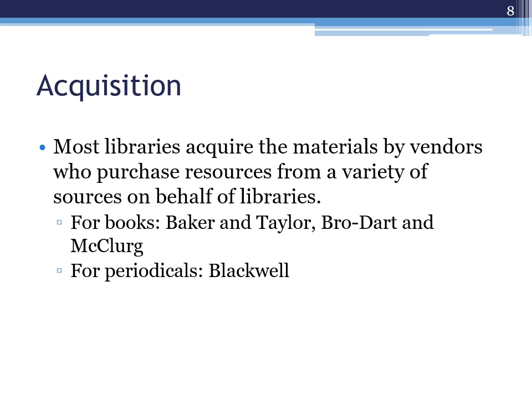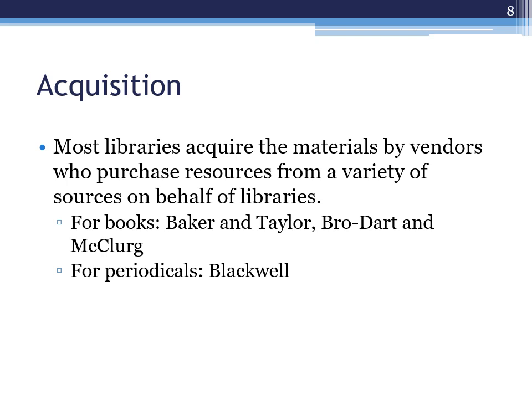Vendors are companies that purchase resources from a variety of sources and provide mostly one-stop shopping for libraries and information agencies to purchase books, journals, periodicals, and non-print information resources. The vendors purchase items wholesale and can usually offer products at a reduced price from the retail prices.